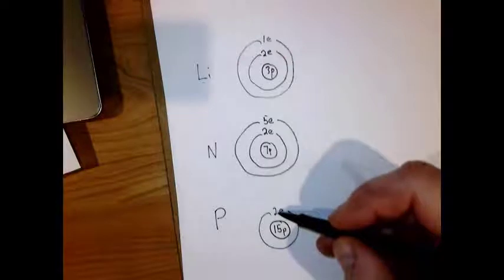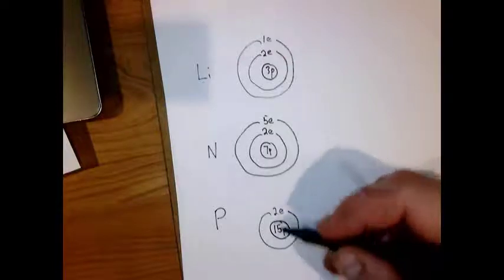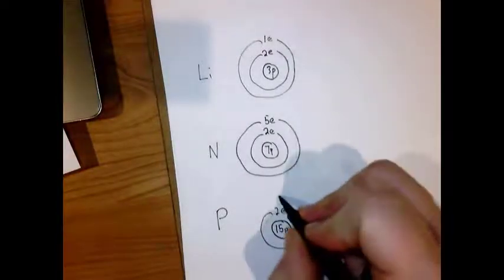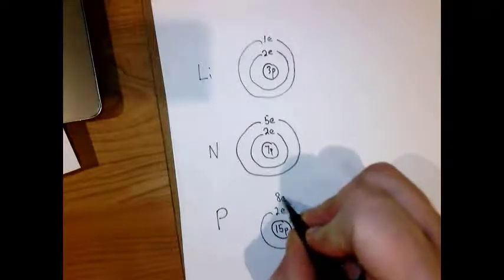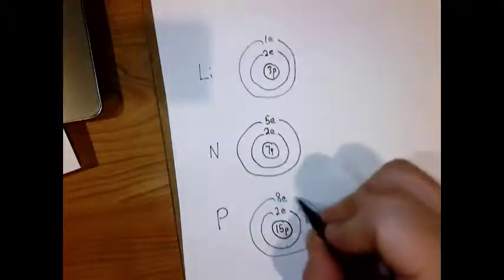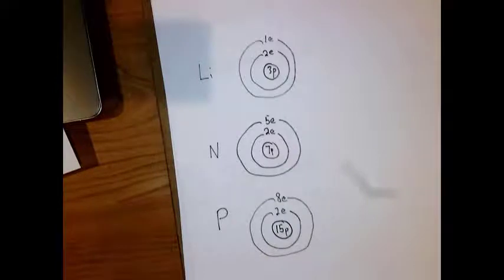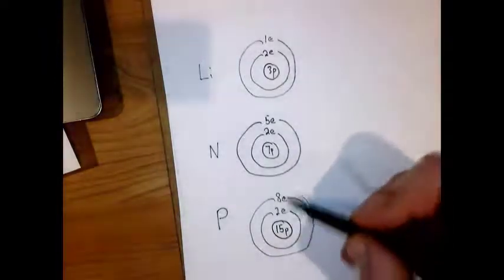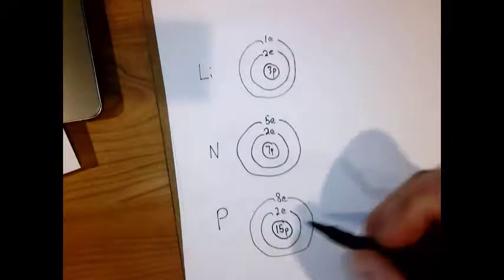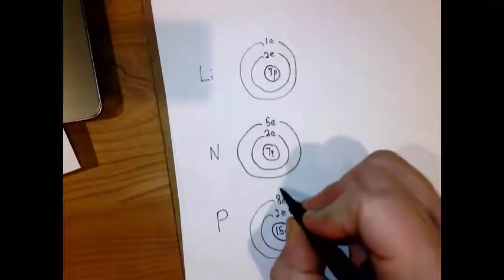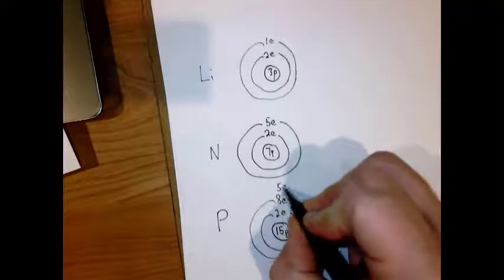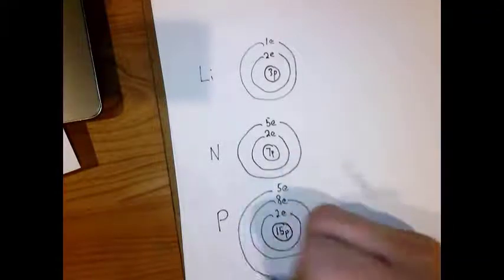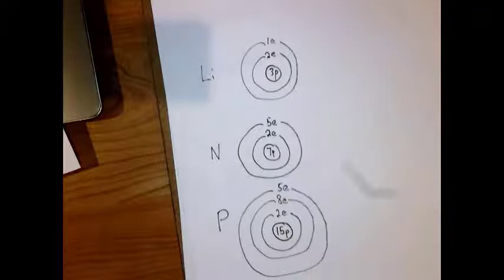And then we have 13 more electrons to distribute. So I'm going to put 8 electrons in the second shell. Remember, that can't hold more than 8. It can hold less than 8, but it can't hold more. So that gives us 10 total. And remember, we need to put in 15. So there are 5 electrons in that outer shell there. And that's phosphorus.